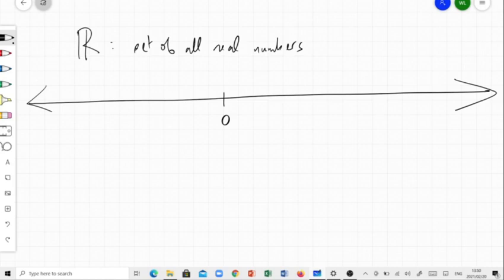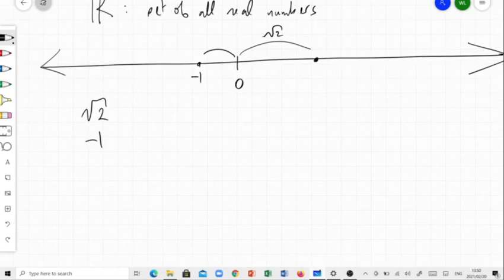So if I take the real number square root of 2, this will correspond to the point that is, because it's positive, square root of 2 to the right of 0. Likewise, negative 1, because it's negative, is to the left, and so this will correspond to the point that is 1 to the left of 0, which is minus 1.